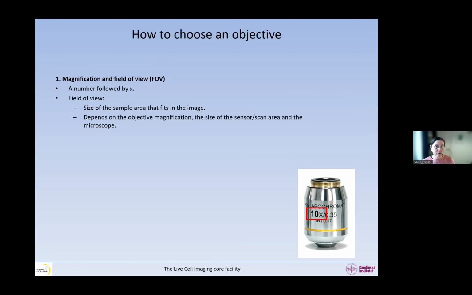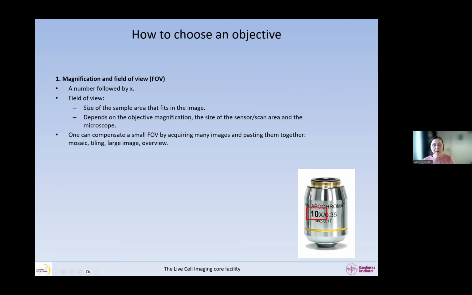It's the size of the sample area that fits in the image. So that depends on the magnification, but it depends also on other things, like, for example, the sensor and the microscope. But clearly, if you have a lower magnification, you're going to see a bigger area of your sample, so you'll have a bigger field of view.